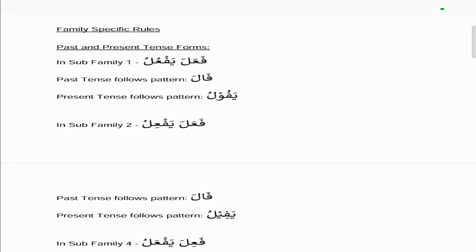But in subfamily 2, fa'ala yaf'ilu, the second root letter, the ain, has a kasra on it. Therefore, the present tense follows yaf'ilu. It also makes that kasra sound. Just like yaf'ilu, it still makes that e sound.